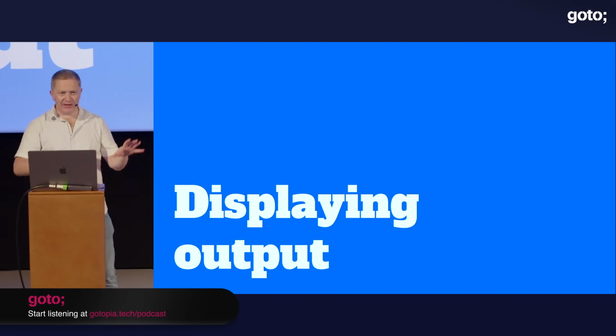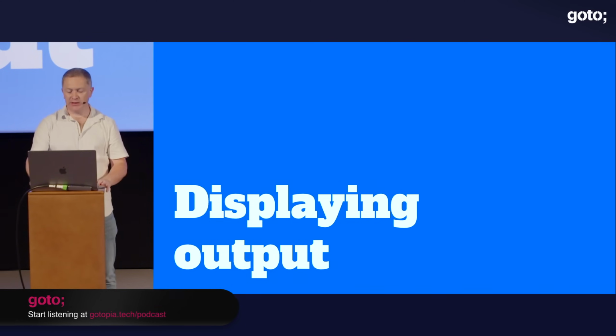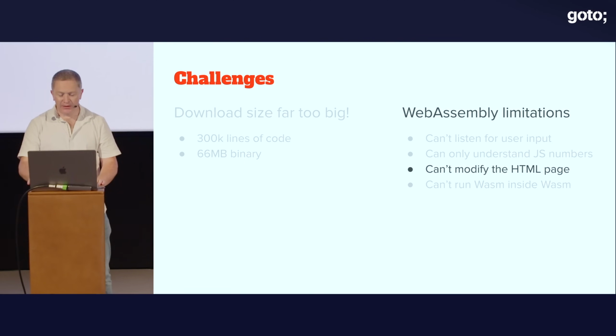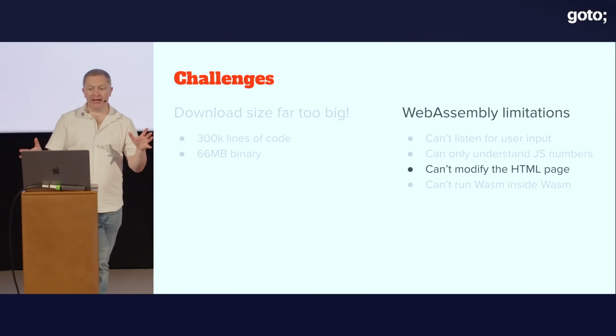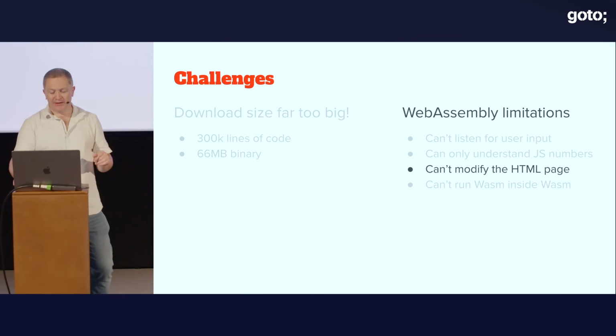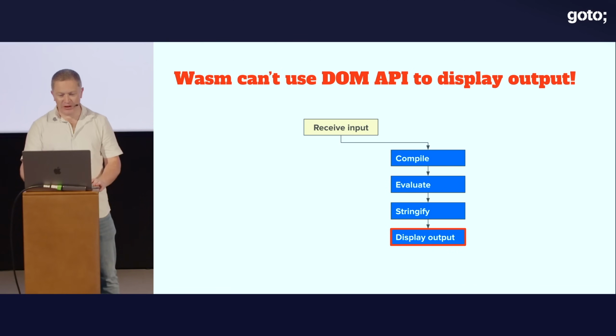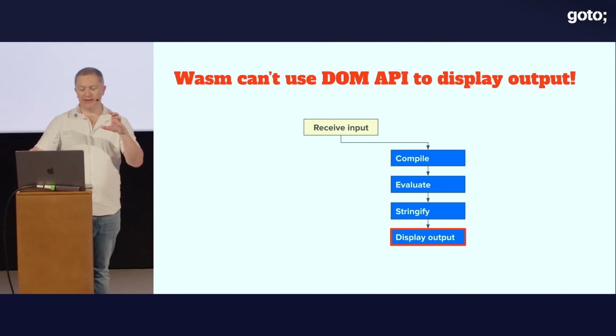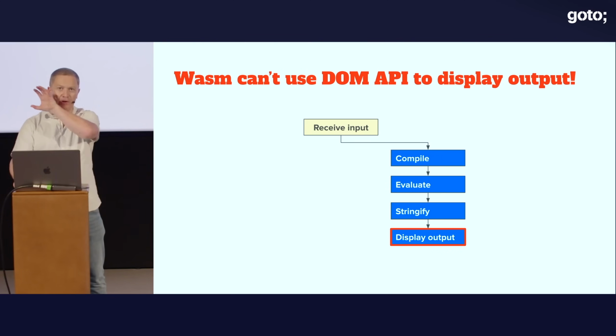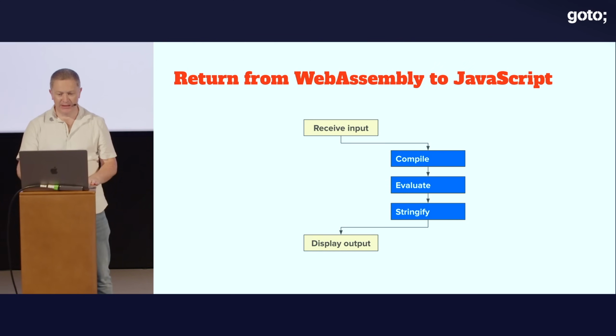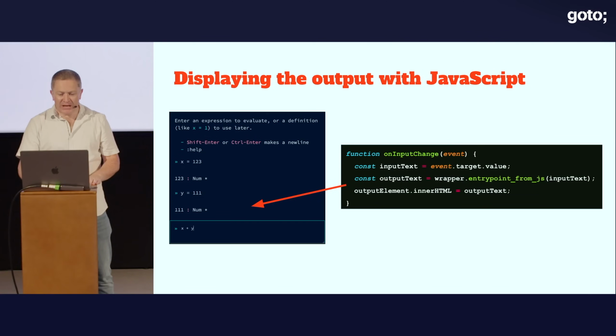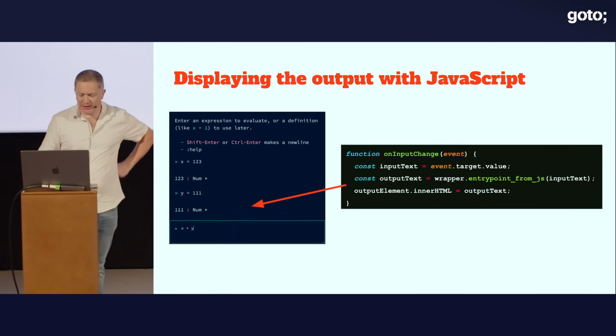And let's look at how we do the other way. Let's display output. Now, we said earlier, WebAssembly can't modify the HTML page. So again, we're going to need to take this display output piece and move it from the WebAssembly side to the JavaScript side. And this is something like how that might look.